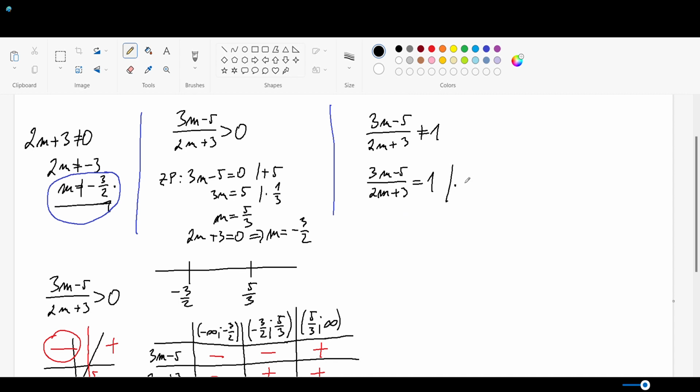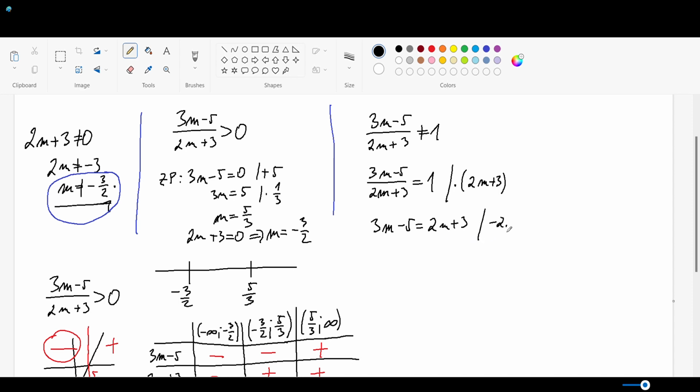So basically in this case we can multiply both sides by the expression 2 times m plus 3, which will lead us to the equation 3m minus 5 equals 2m plus 3, which is a really simple linear equation.